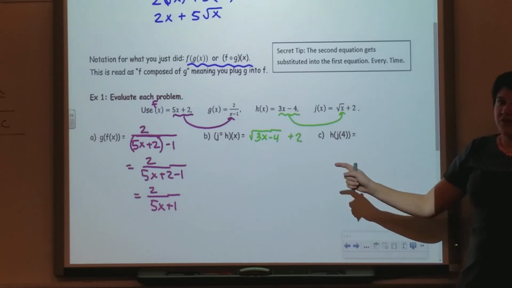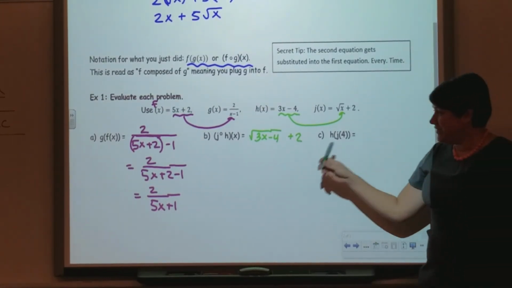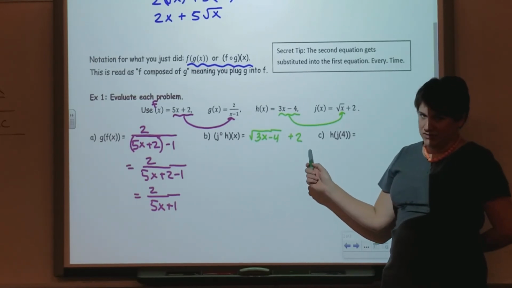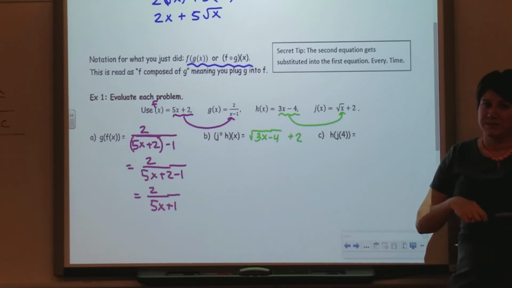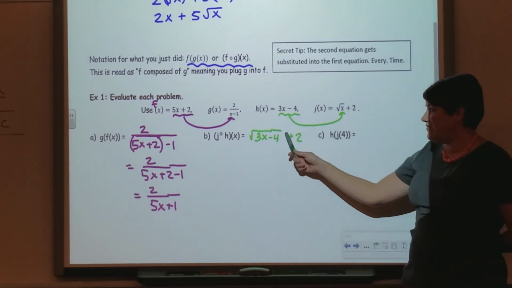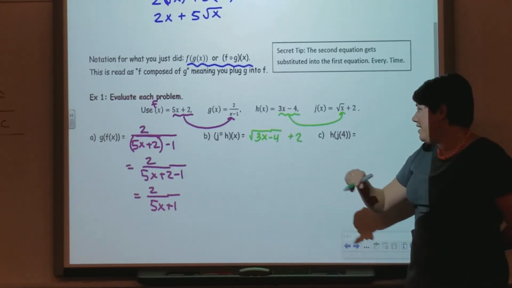And again, be careful because a lot of times the answers are going to look really crazy. Believe it or not, this is your final answer, okay? Don't think that you can simplify this radical. It is 3x minus 4. And then you have this positive 2 out to the side. So this is actually what it's going to look like.